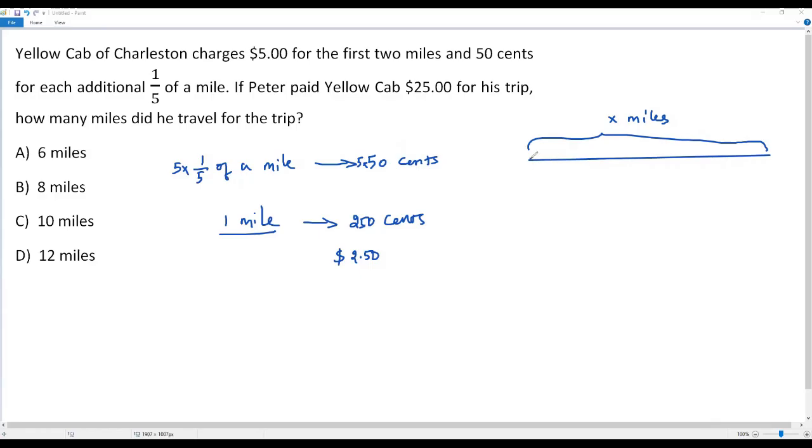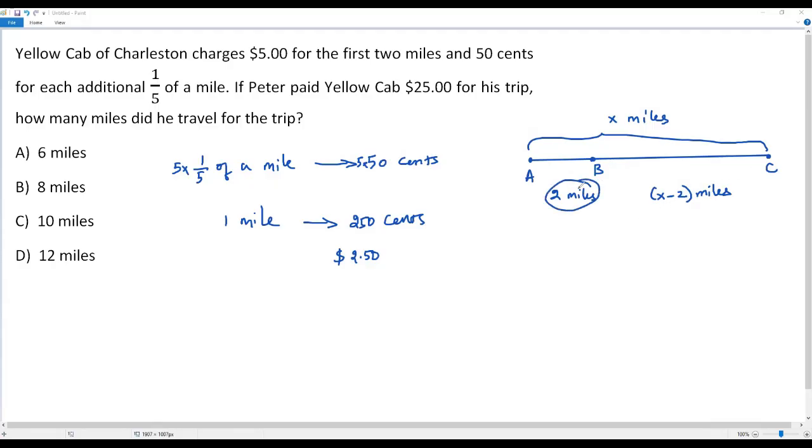In this line segment, let me take 3 points, point A, point B, and at last point C. Let's assume the line segment AB represents the first 2 miles. What is the length of this line segment BC? For that, we have to subtract this 2 from the total length x. Then we get x negative 2 miles. So the distance of BC is x negative 2 miles.